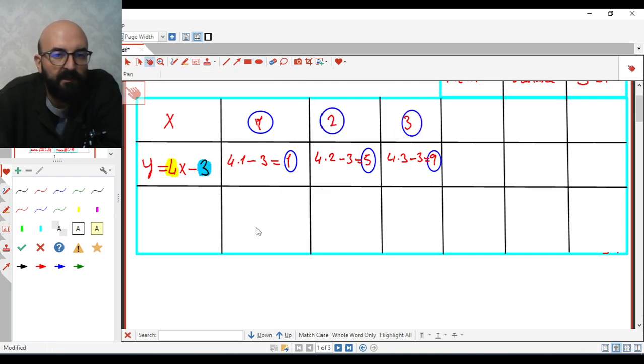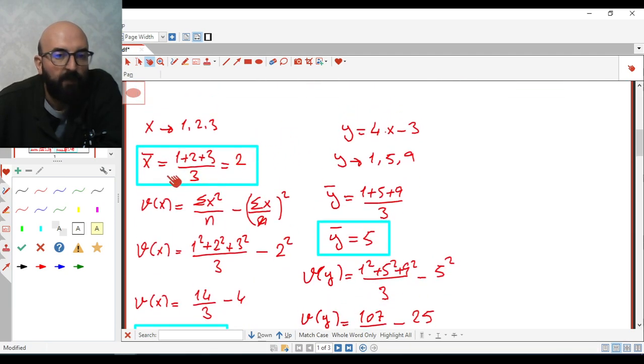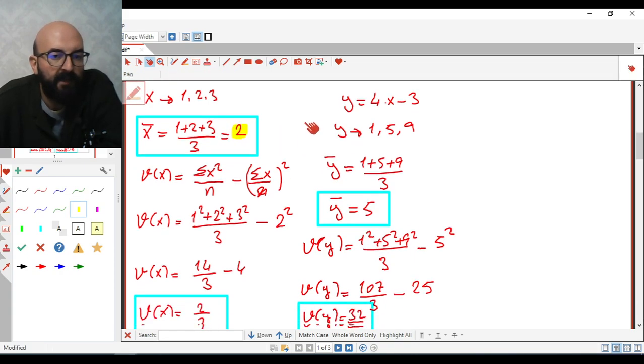And firstly, I found the mean of x. As you remember, the mean of x means the sum of x over the number of x, which becomes 2. And the second one, the variance of x.